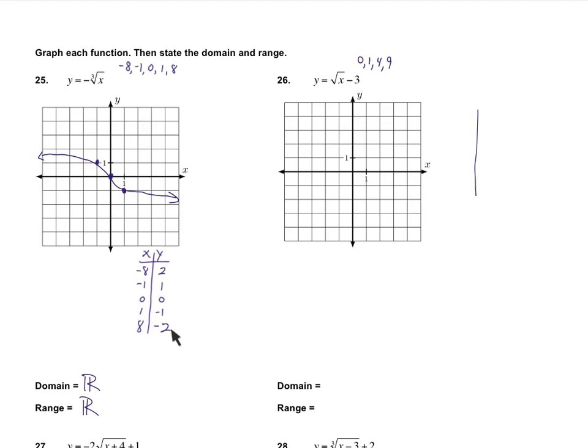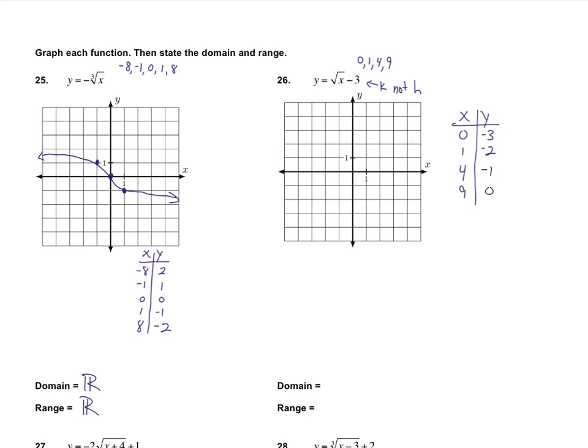That flips the signs. For number 26, we're doing square root, so we're going to do 0, 1, 4, and 9 underneath the radical. Since we don't have an h value, we're going to use those. -3 is outside of the radical, so that's our k value. That's going to shift it down. That gives us 0 minus 3 is -3.